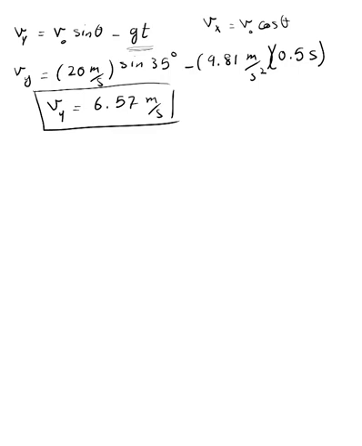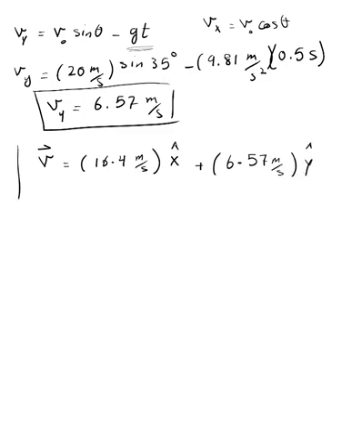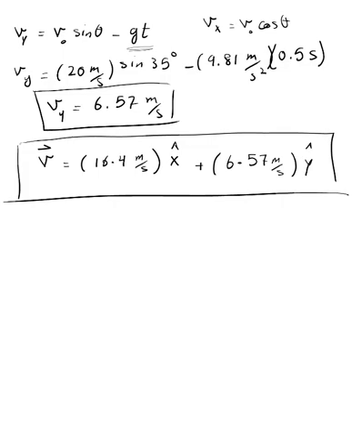All right, so I can write V in its component form: 16.4 meters per second in x direction plus 6.57 meters per second in y direction. So this is the velocity at time equals half seconds.